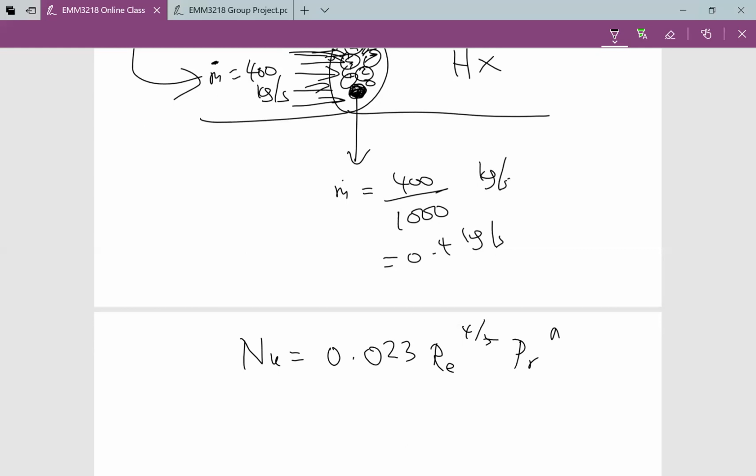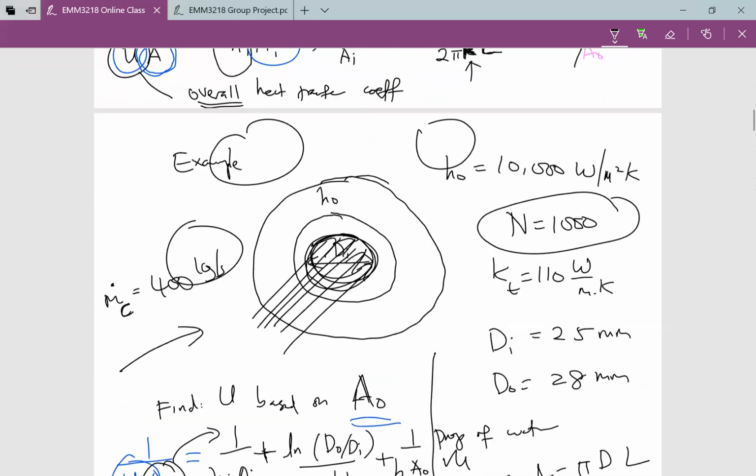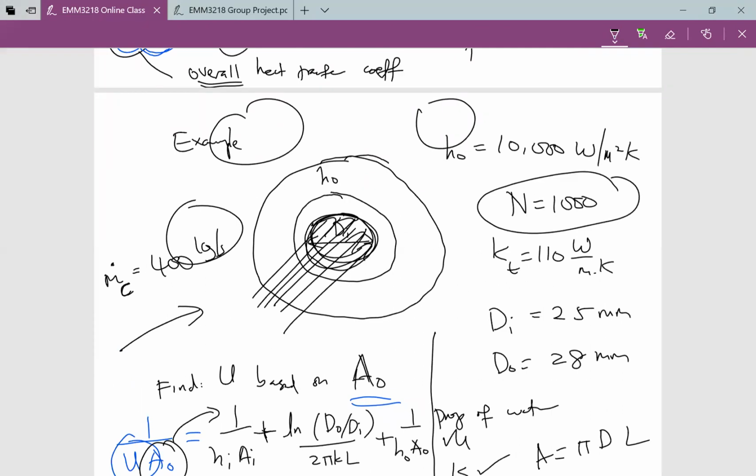So let's check our Ts and T, is it T infinity or Tm? It's Tm. That determines the value of n. Do we know the temperature at all in the question?